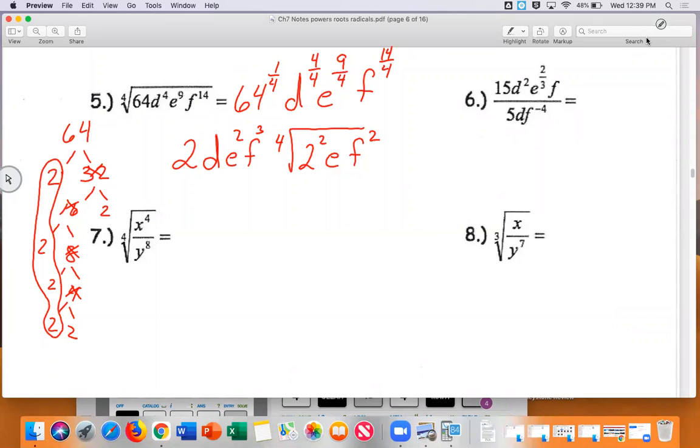So I said, let's see 2. 2 goes into 64 32 times. Then I need groups of 4, so let me break down into 2 again. So I did 32, 16 and 2. Because it's the 4th root.